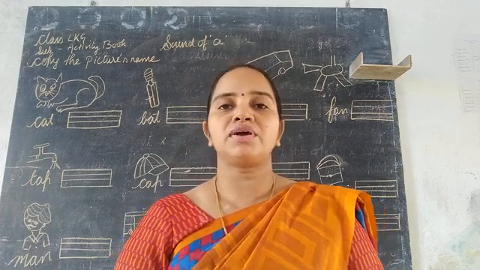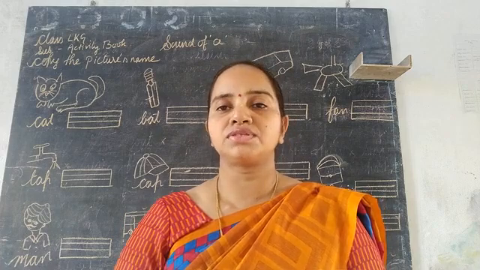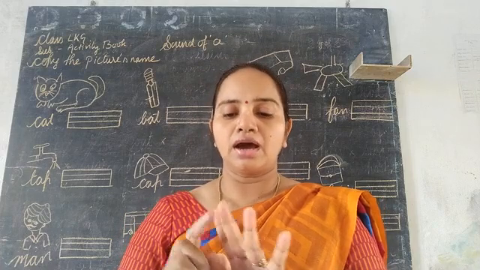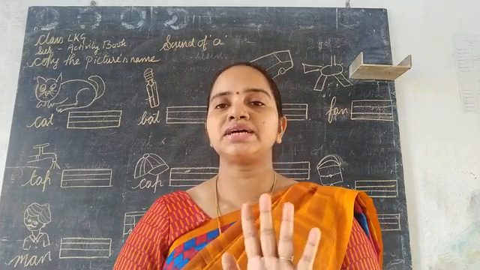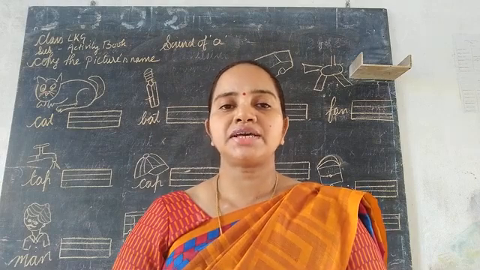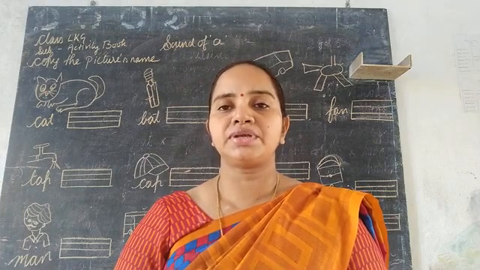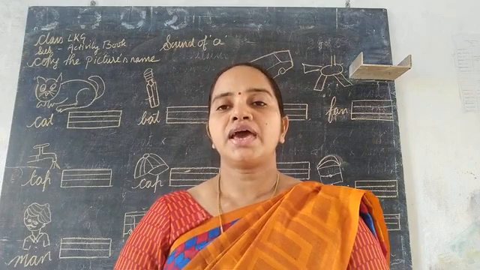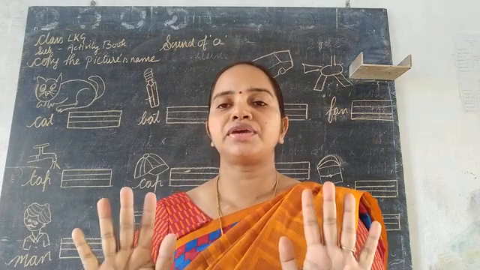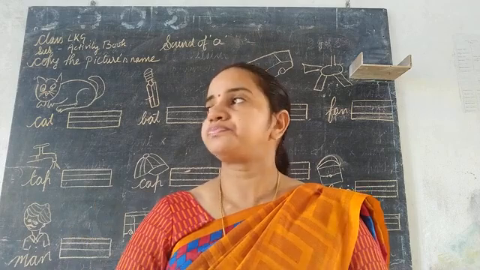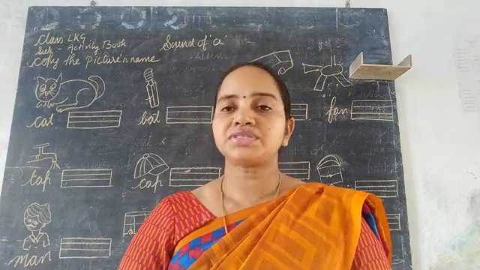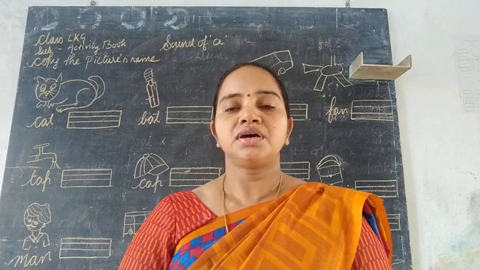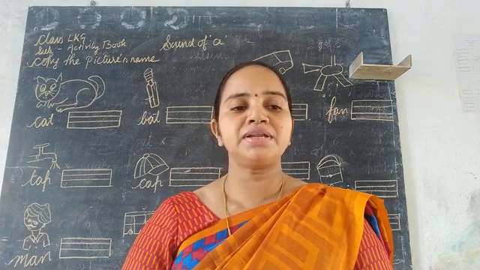We all know that we have 5 vowels, that is A, E, I, O and U. Besides that, all the letters in the English alphabet are consonants. So altogether we have 21 consonants and 5 vowels, that will make 26 letters in the English alphabet.